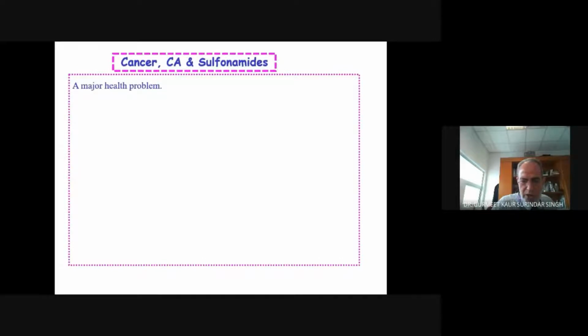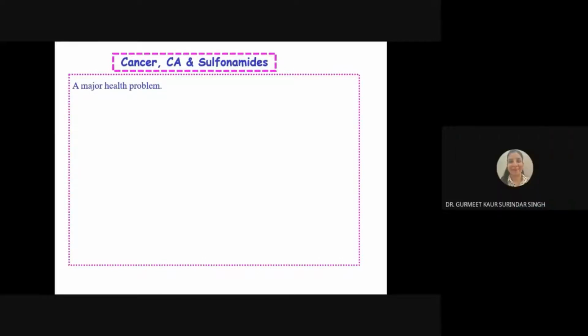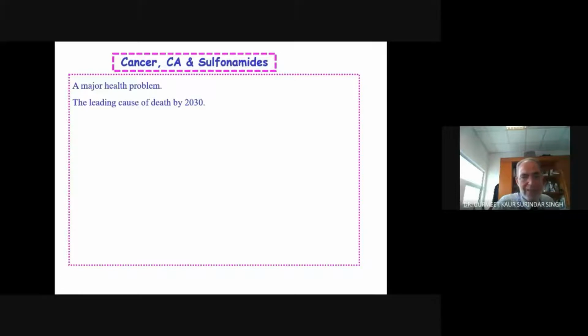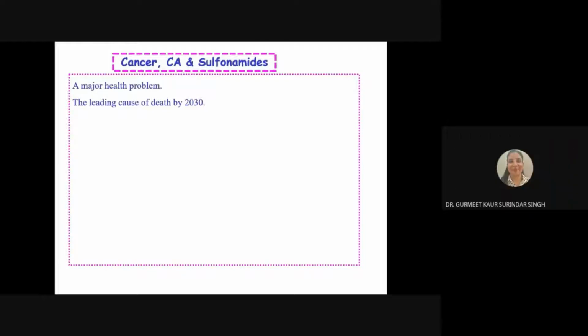What about the relation between cancer, carbonic anhydrase, and sulfonamides? We know cancer is a major health problem which concerns the medical community all over the world, and it is expected and projected to be the leading cause of death, as reported earlier, around 2030, a great headache to the scientific community and the medical field.